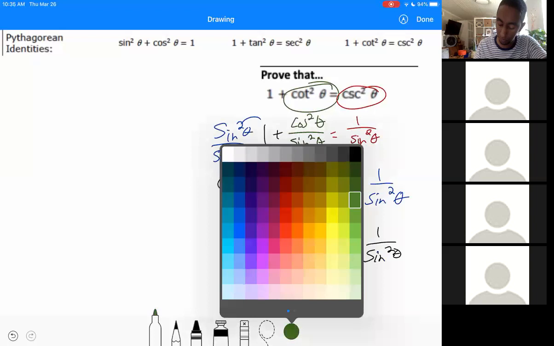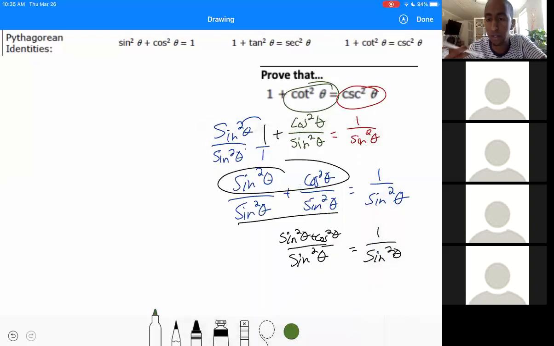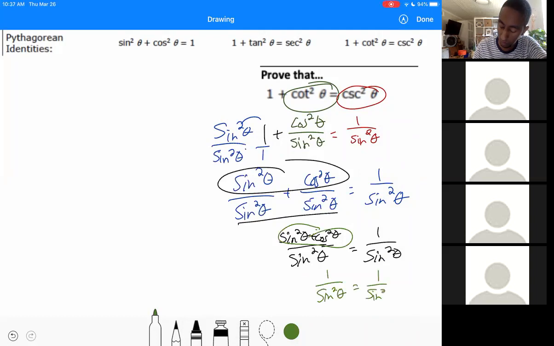Beautiful. And we see a Pythagorean identity here: sine squared of theta plus cosine squared of theta is equal to 1. So we have 1 over sine squared of theta equals 1 over sine squared of theta. And that is true, and that is why the third Pythagorean identity works.